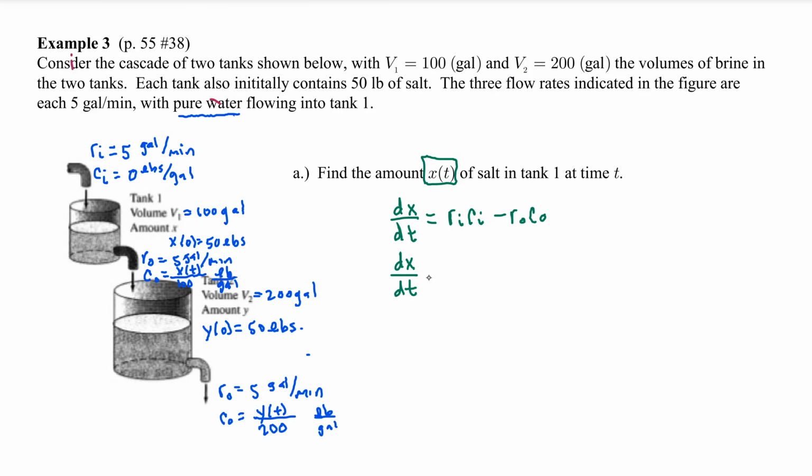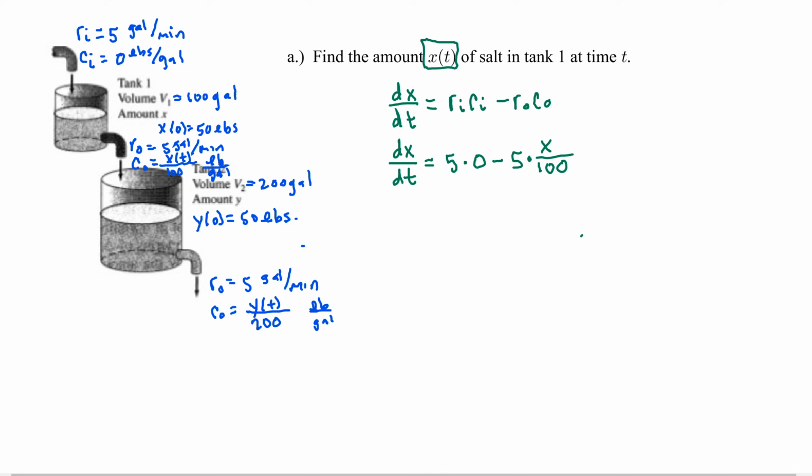So updating this with our specifics, the rate in is 5, concentration in is 0, that makes that term really easy, minus the rate out, also 5, times the concentration out. That is the amount of salt in the tank at time t per constant 100 gallons.